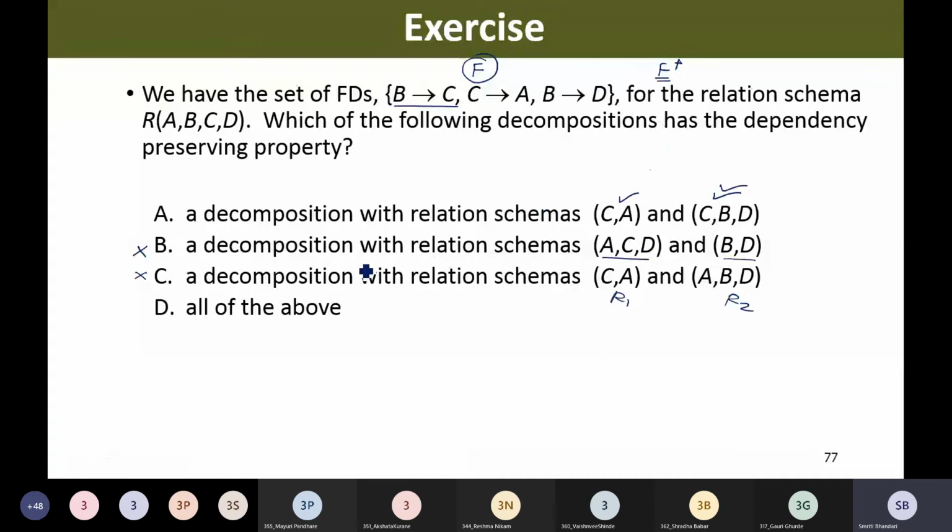Actually, as per definition, we need to compute F plus, but computation of F plus is lengthy. So to come up with a quick answer, we can initially test for F. So the correct answer for this question is option A. May I proceed?